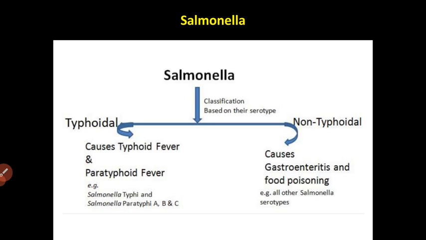Examples are all other Salmonella serotypes. Understood? The ones mainly causing typhoid fever and paratyphoid fever are Salmonella typhi and paratyphi. Rest are non-typhoidal, causing gastroenteritis and food poisoning. Understood? This is its classification.